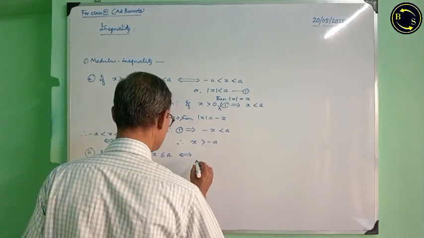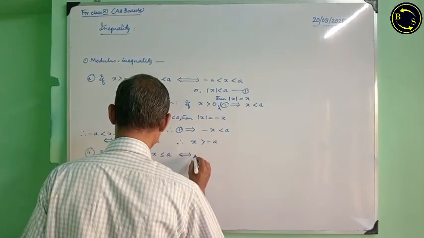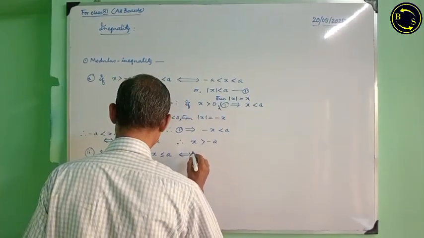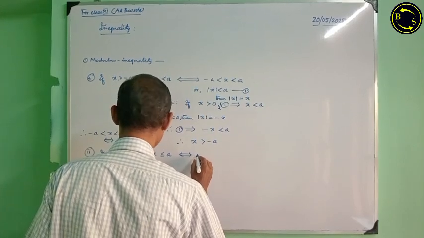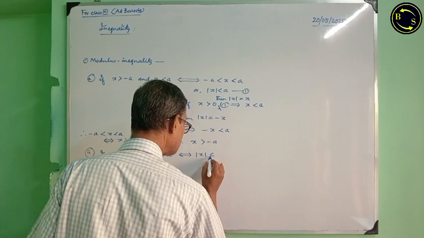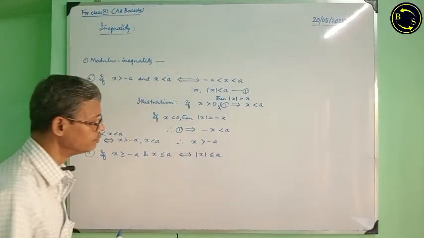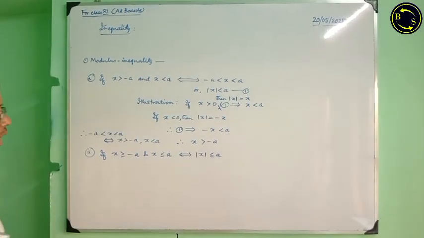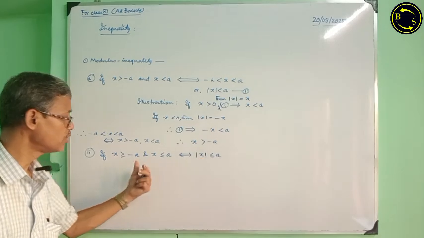This is represented by modulus inequality symbol, this one, and conversely this implies this one.